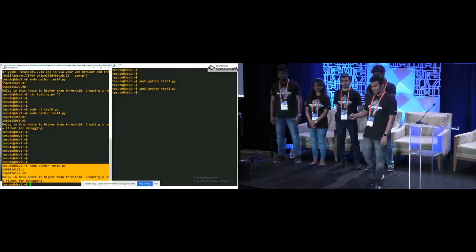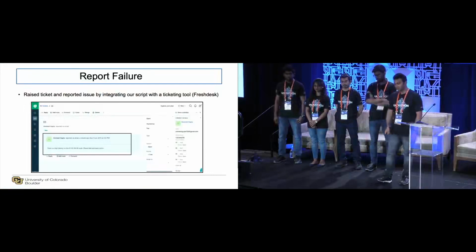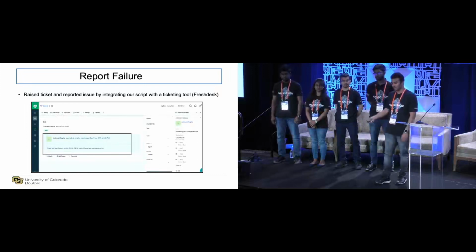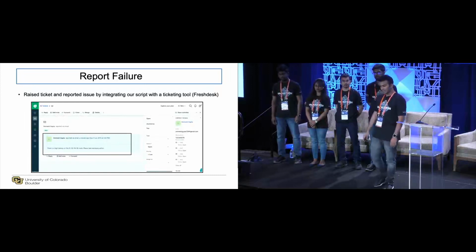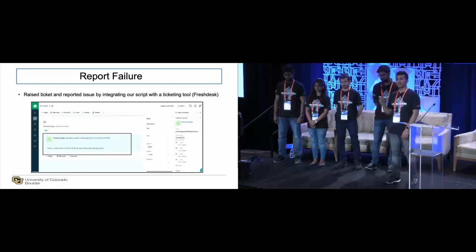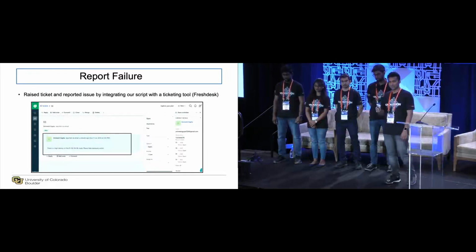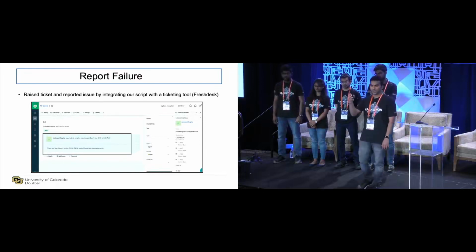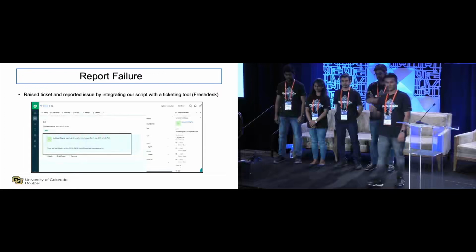When this error message takes place, we report a failure and send an email which will raise a ticket. For raising the ticket, we have used Freshdesk. As you can see in the highlighted part, the error message contains what the error is, like high latency, and on which route the packet is taking. On that packet, we are raising an error.